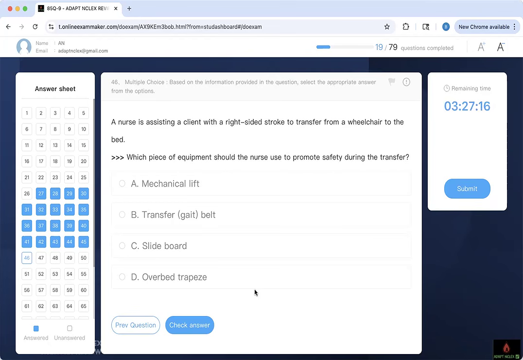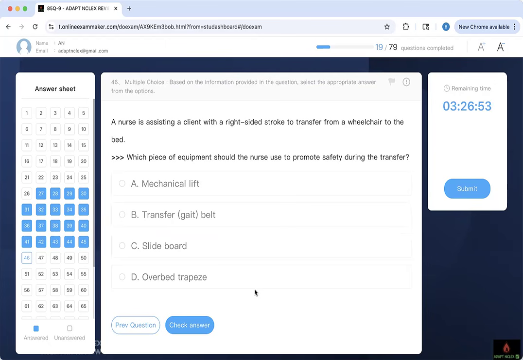Right-sided stroke, that means what? That side is in trouble. And therefore, what would I do? I'm going to support the patient, but what can I use? Mechanical lift, transfer gait belt, slide board, and overbed trapeze. Which one is safe to transfer this patient? You can answer. Let me know.